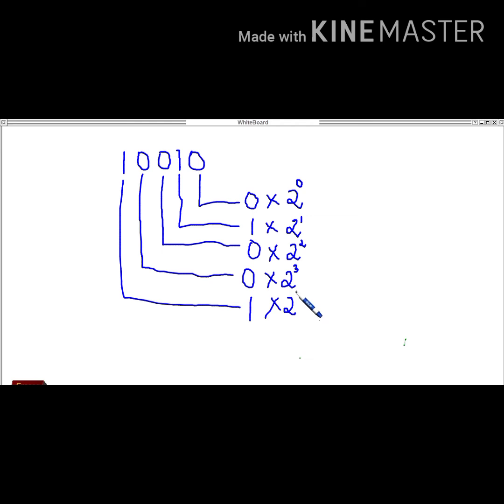Now we will solve each of the lines. Before that you should know what is the power, right? Power means the number of times the number will be multiplied.